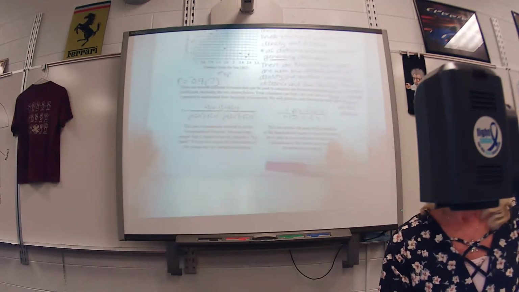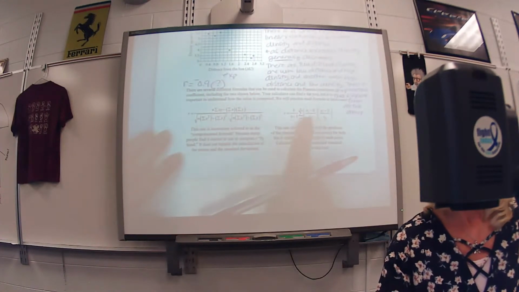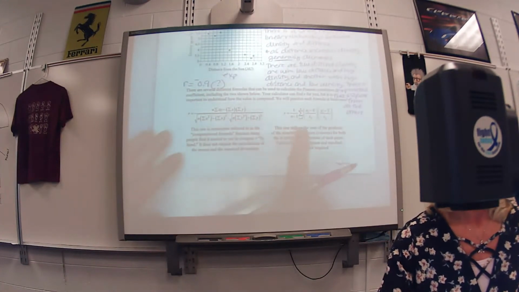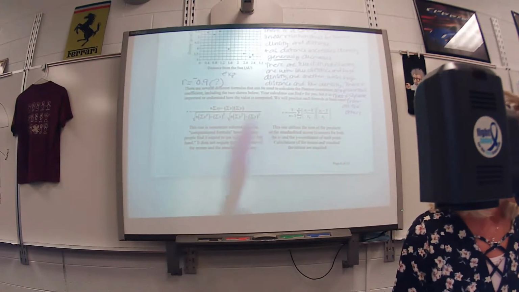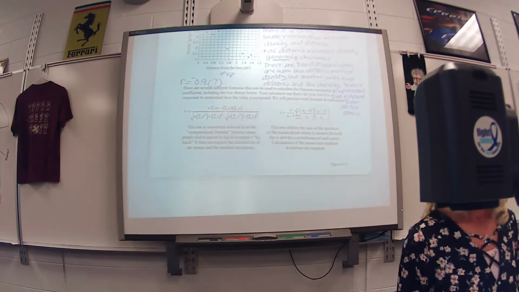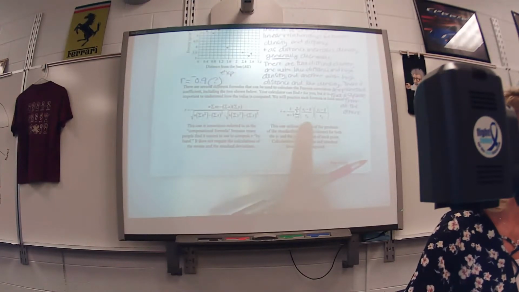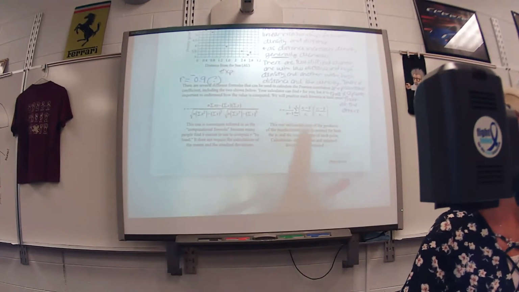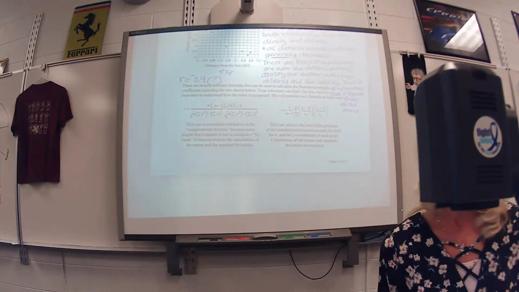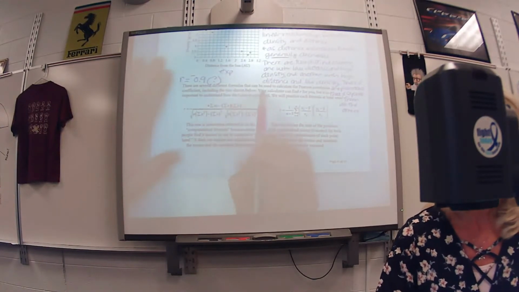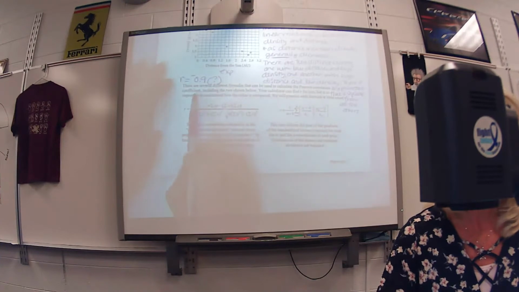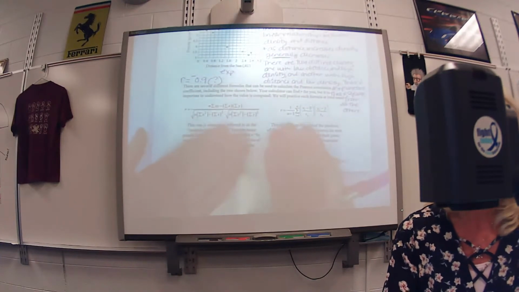All right. Look at these. Aren't these great? Aren't these beautiful? That one's on your formula page, I think. Somebody have their formula page handy? Okay. All right, so there are several different formulas that can be used to calculate the Pearson correlation coefficient, including the two shown below.